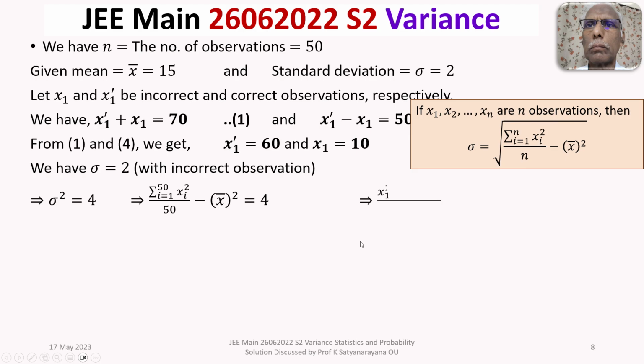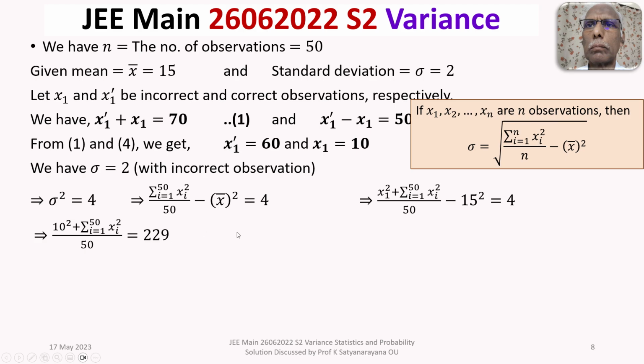Now take out the first one: x1 square plus sigma i equals 1 to 50 xi square, by 50, minus 15 square, is equal to 4. Now x1 is 10, so that will be 10 square plus sigma i equals 1 to 50 xi square by 50 is equal to 4 plus 225, that is 229.